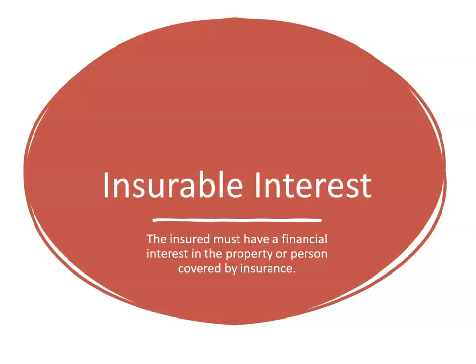For example, you can insure your own house because you'd suffer a financial loss if it burned down. But you can't insure your neighbor's house, even if you like your neighbor, because you wouldn't lose money if it burned down. Insurable interest equals you have skin in the game.